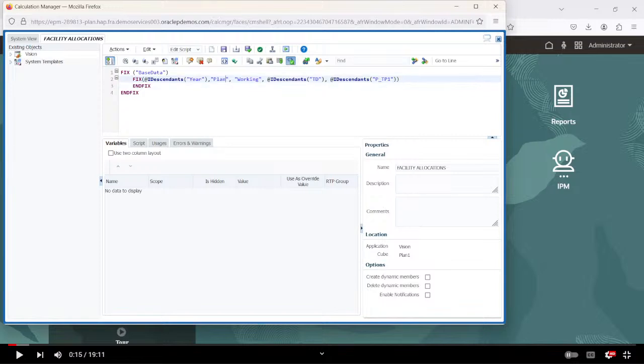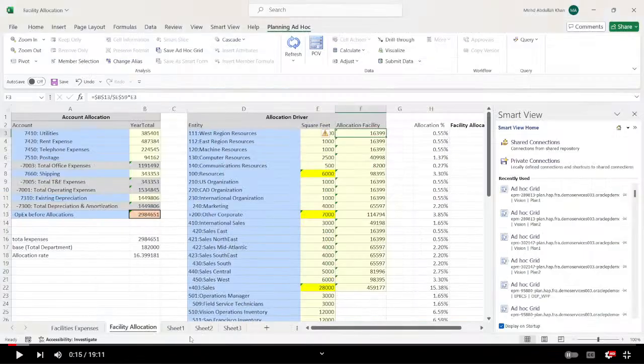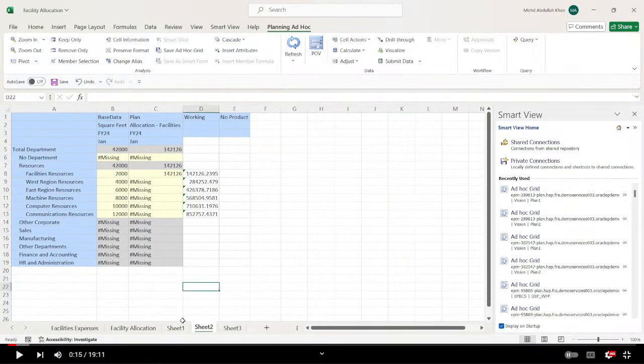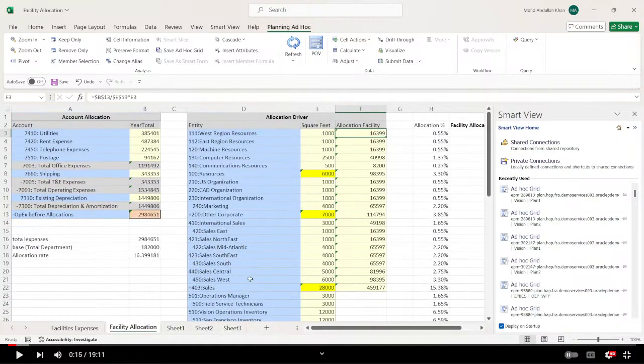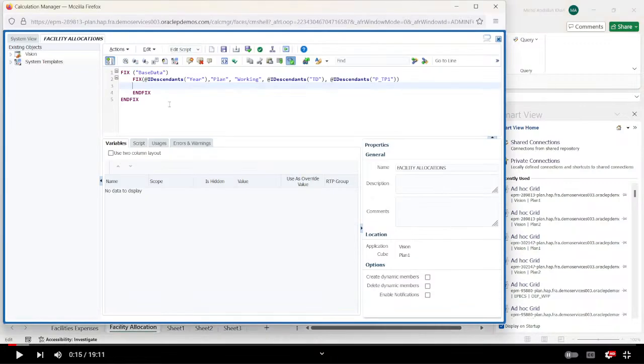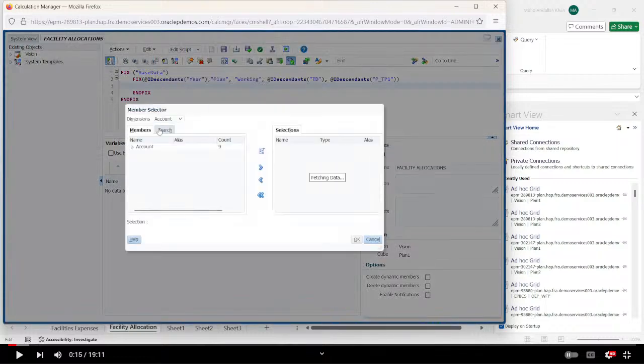Now let me tell you the formula. So where are we working? Let's go to our output sheet. Okay, we want our answers in allocation facility. So we'll look for the account named allocation facility.